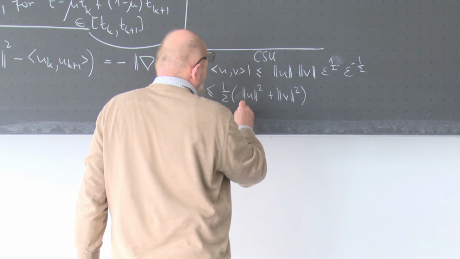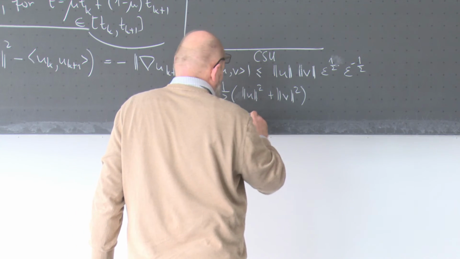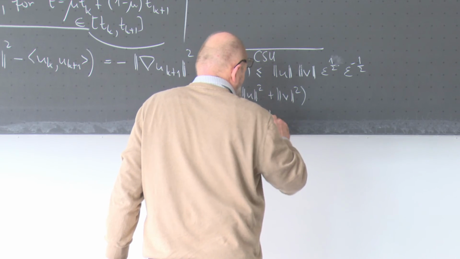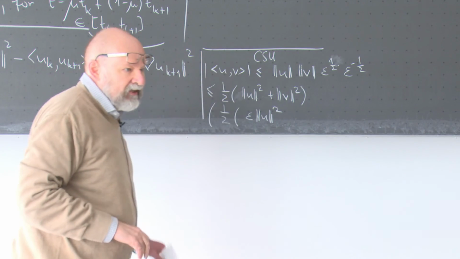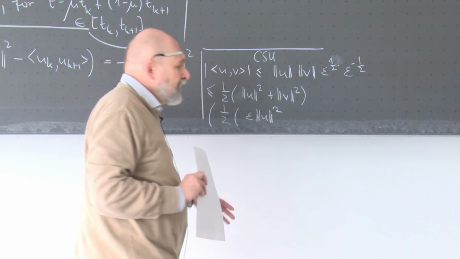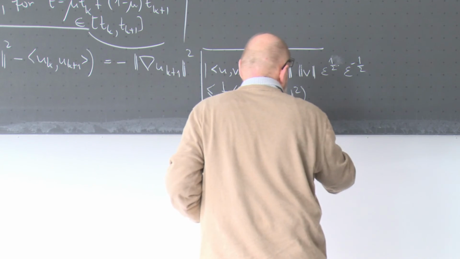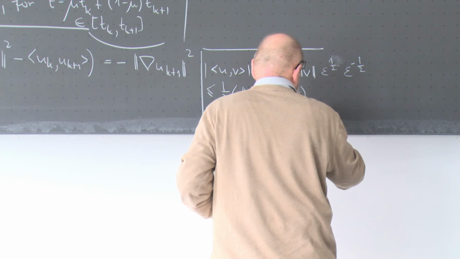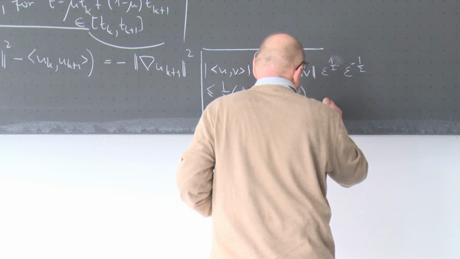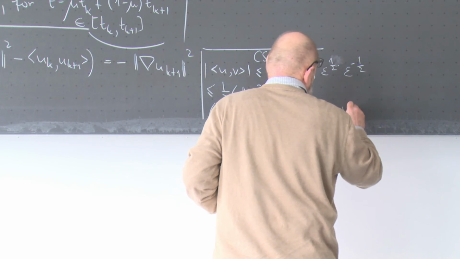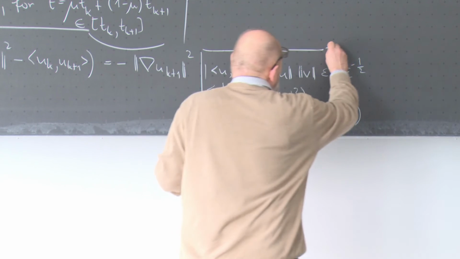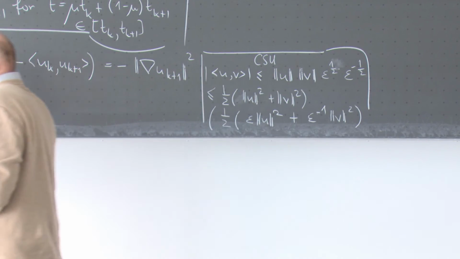So we will get an epsilon u squared. This makes it as small as necessary to absorb it. And then we have to live with this term here. So that's the way to separate these things.